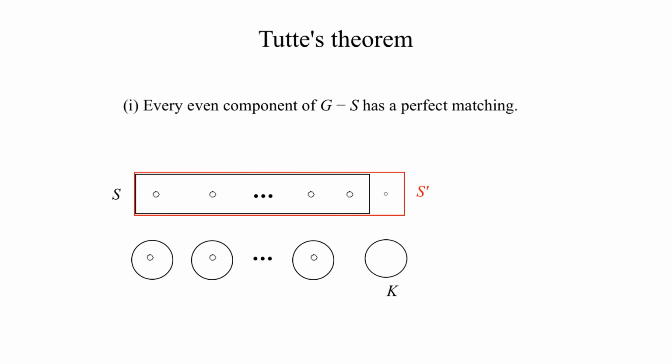Moreover, the even component K of G minus S contains one or more odd components of G minus S'. Then, the deficiency of S' is at least the deficiency of S, while Cs' is smaller than Cs. This contradicts the choice of S. Thus, every even component of G minus S has a perfect matching.